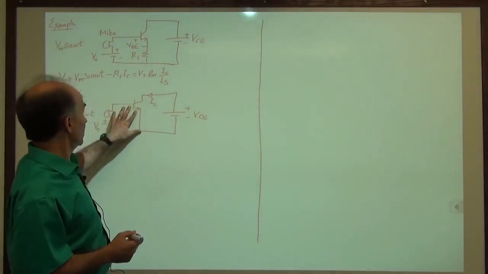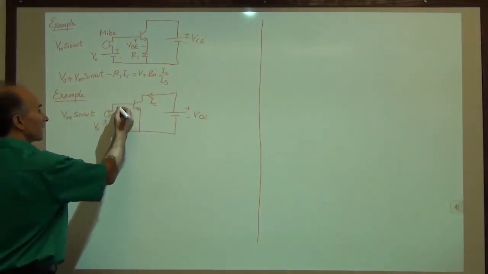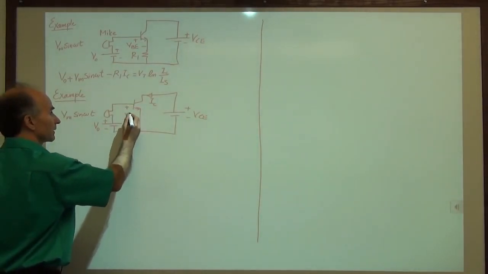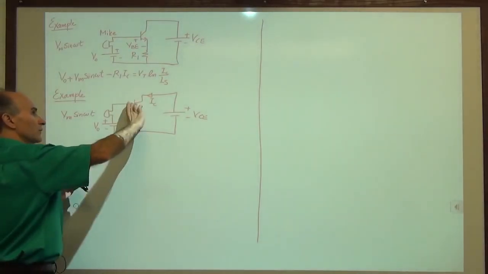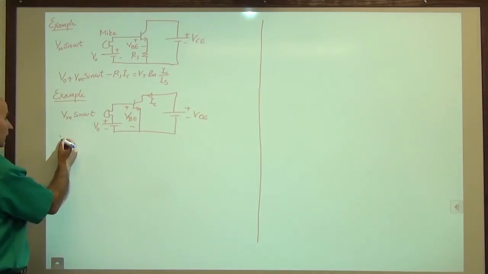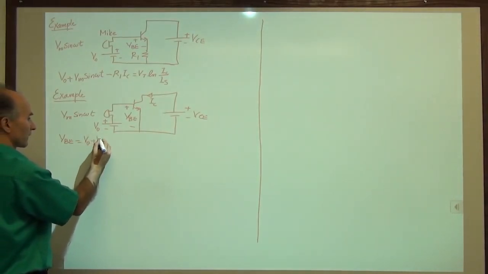Well, this should be a little simpler than before. What we can say is that the voltage between the base and emitter, VBE, in this case, this voltage is just equal to this voltage plus this voltage. So we can say VBE of the transistor is equal to the battery plus the microphone signal.